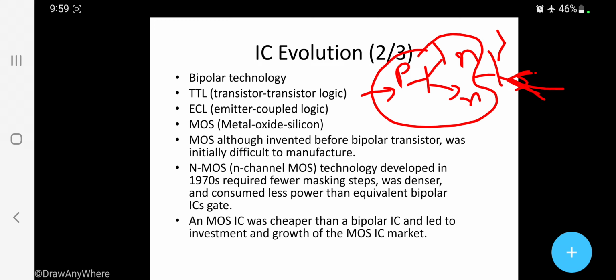How did we get NPN? You have studied already in basic electronics, semiconductor electronics, that a pure semiconductor is called an intrinsic semiconductor. If you add impurities to this pure semiconductor, you get P type or N type semiconductor.